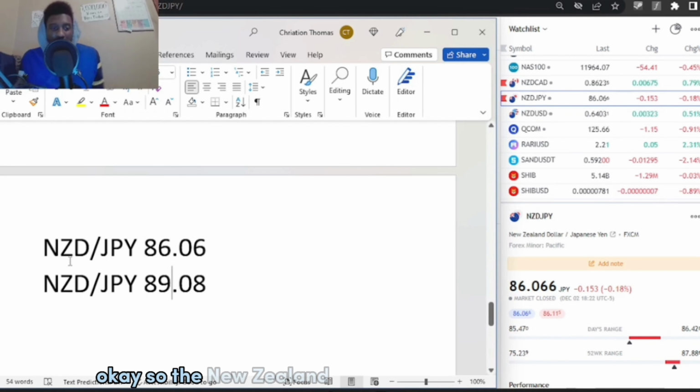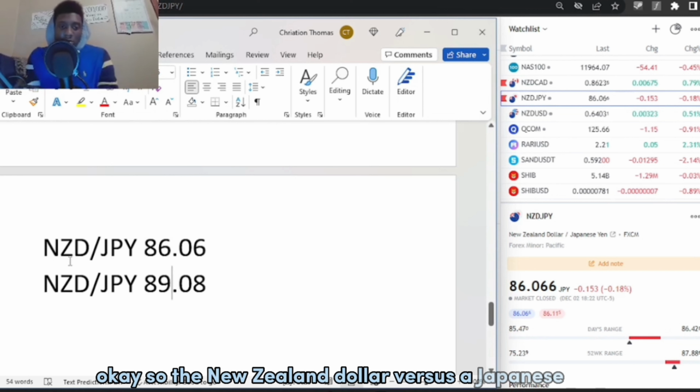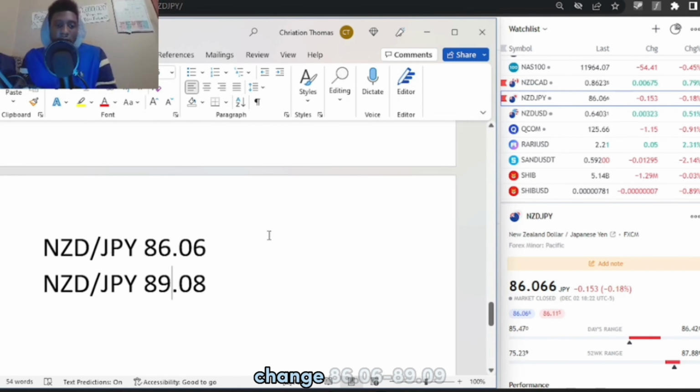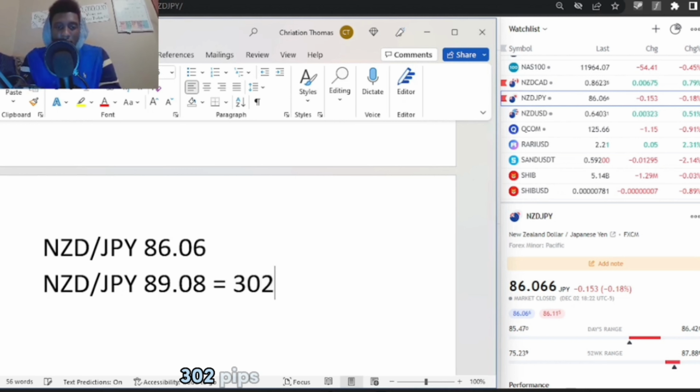Okay, so if the New Zealand dollar versus the Japanese yen changed from 86.06 to 89.09, how many pips did it change? Now the answer to this one is 302 pips. 302 pips. Now you're probably saying, how did you get that?